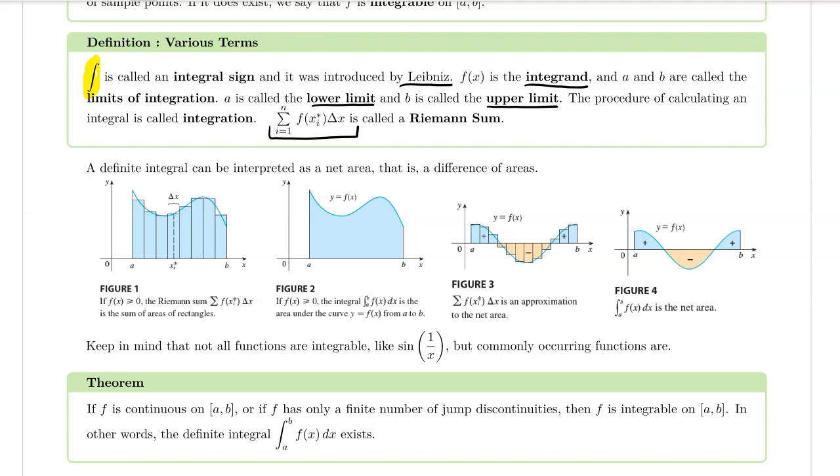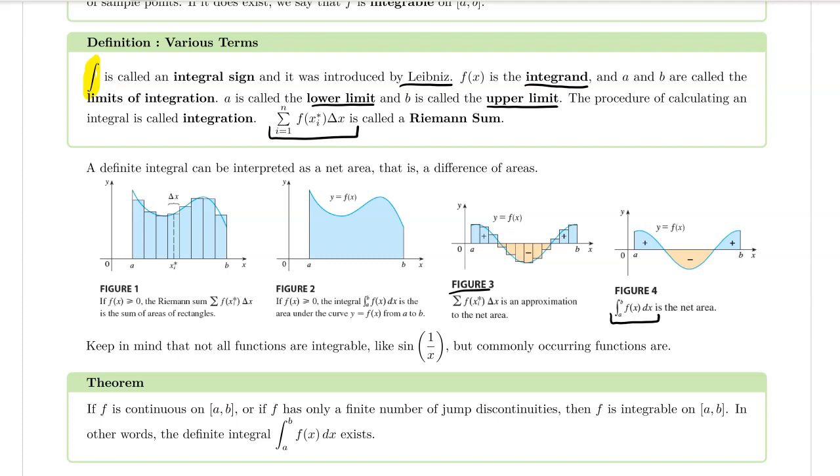Anywhere the function is above the x-axis, we are summing those areas, and any part of the function that falls below the x-axis, we're also summing those areas and then subtracting them off. This figure 3 here is representing a Riemann sum, and figure 4 is the exact net area modeled by this definite integral from a to b of our function f of x dx.